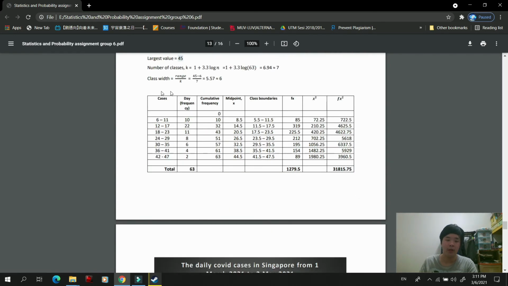And this is the table, the grouped data for the daily COVID cases in Singapore. Then the next person is Rama. She will explain the central tendency and dispersion for the daily COVID cases of Singapore. And that's all for me.